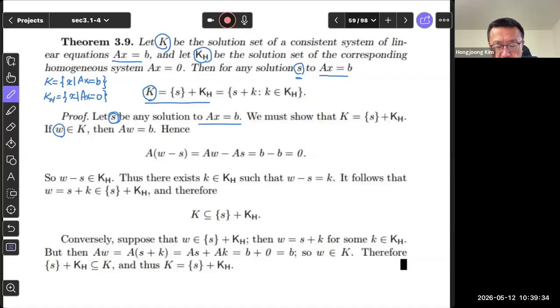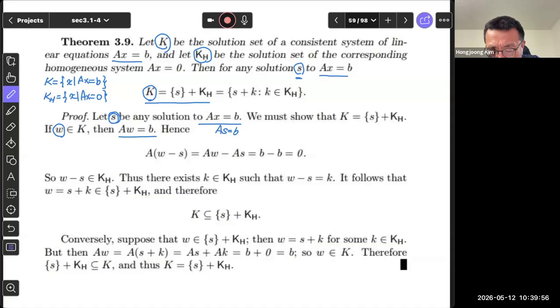Since K is the collection of the solutions for the non-homogeneous problem, this W will satisfy this equation. And S is one particular solution of AX equals B, so S also satisfies this equation.